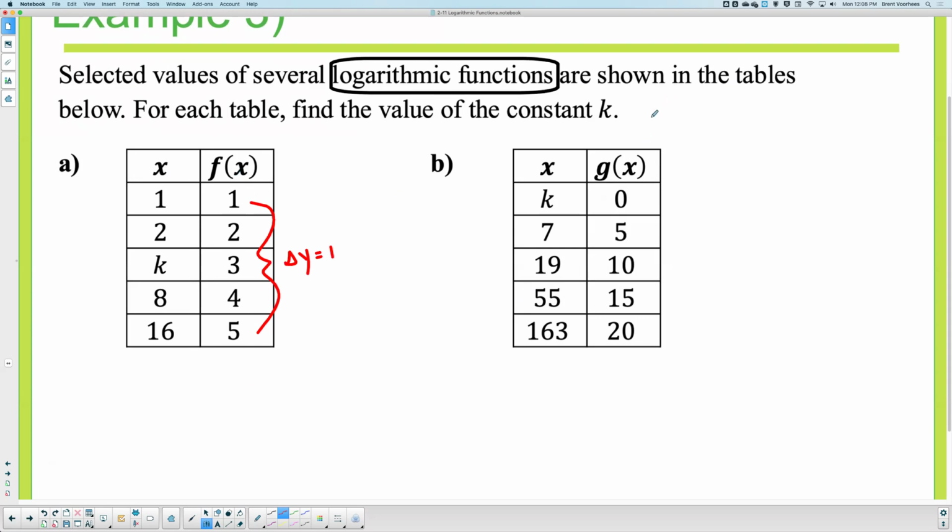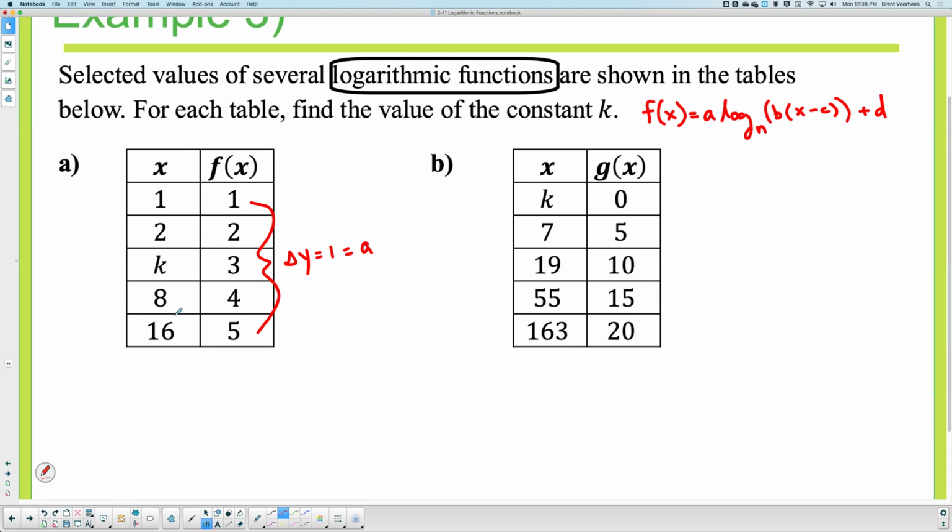If you were writing your equation in general form, I called this an N on this one so I could use B, C, and D inside. The delta y, that is your A value. So A would equal 1. Just so you know, if you're writing an equation, that's how you get that.